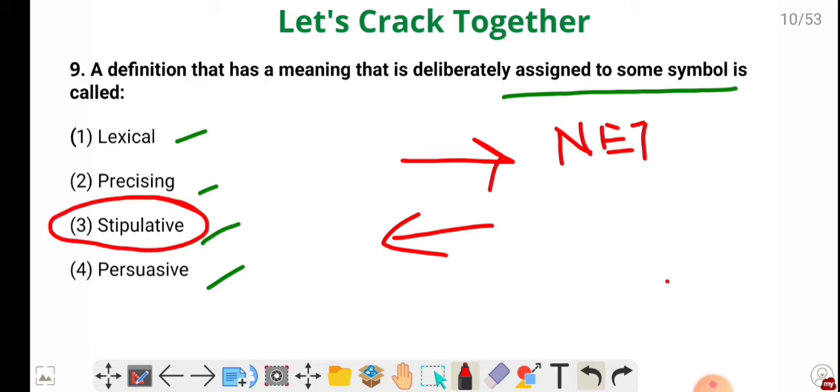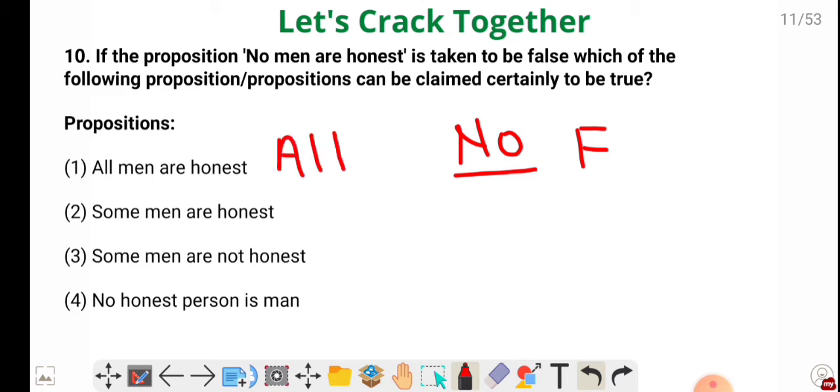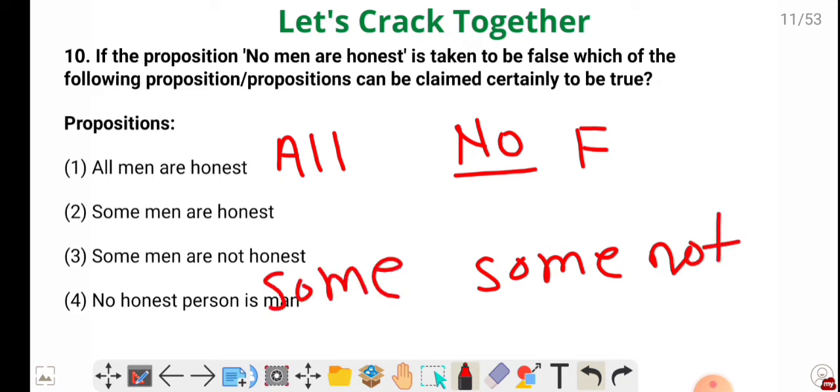Next question. If the proposition no men are honest, means no, is taken to be false, which of the following propositions can be claimed to be certainly true? As per the square of opposition, I have said again that there will be a number of questions from this one square of opposition. Here is some. According to the square of opposition, this is called a contradiction.